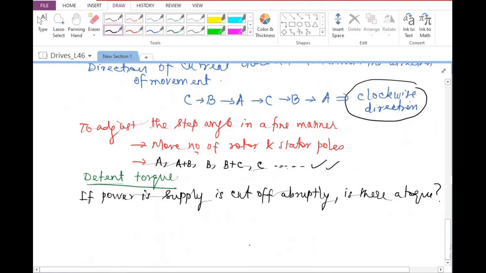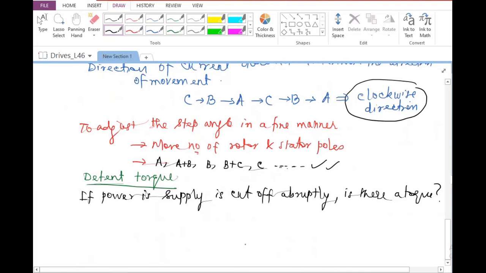This can sometimes give rise to problems, especially in machine tool applications. You don't want something to go wrong in terms of thread cutting or taper turning or any of them. Even in a pick and place robot, you want to make sure that it comes to a halt in a predetermined position.